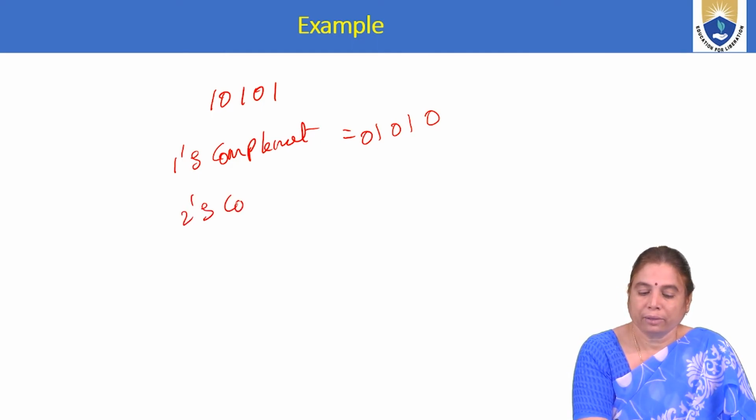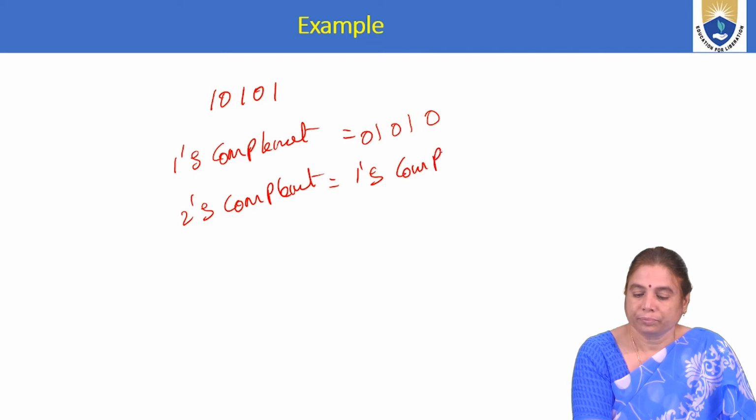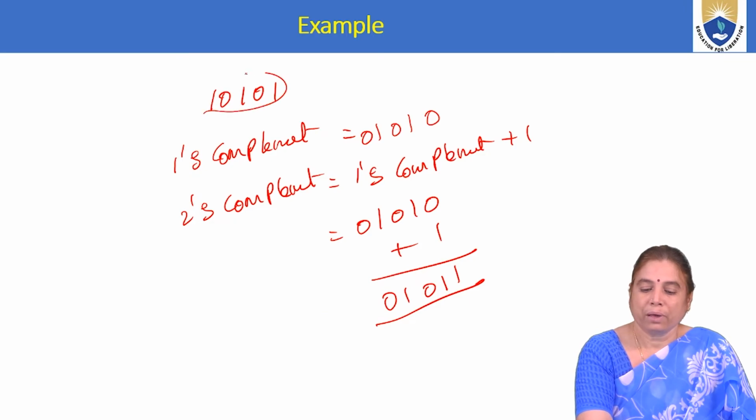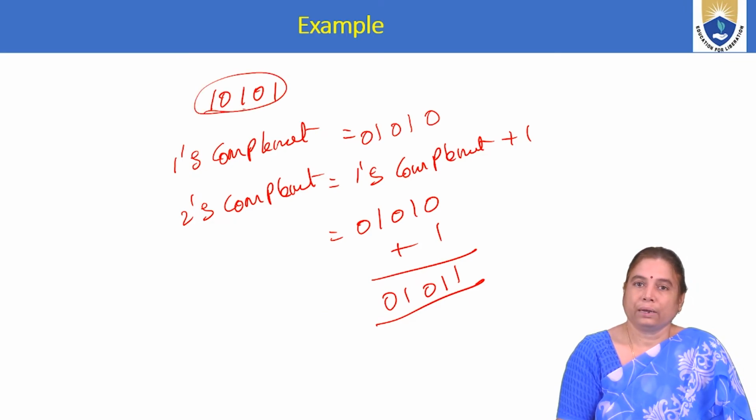The 1's complement plus 1. So the 1's complement is 0, 1, 0, 1, 0, and we add a 1 to it. So 1, 1, 0, 1, 0. This is the 2's complement of the number 1, 0, 1, 0, 1.